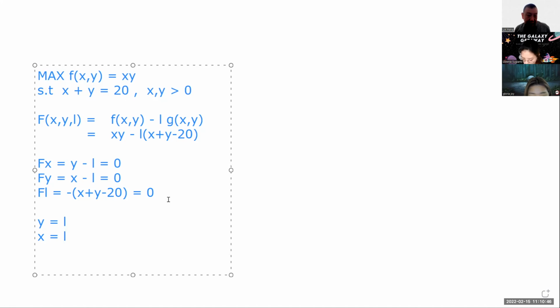And then put everything in lambda. Minus lambda plus lambda. That means minus 2 lambda minus 20.